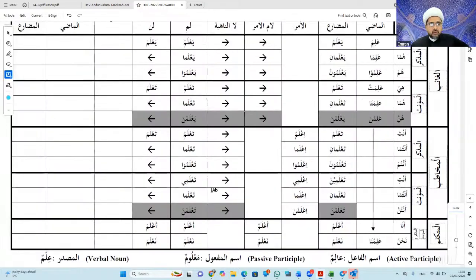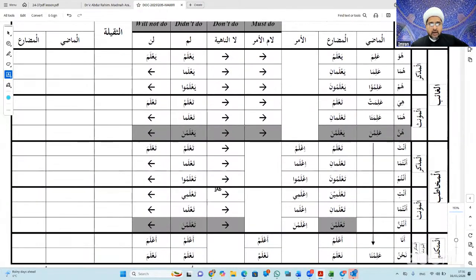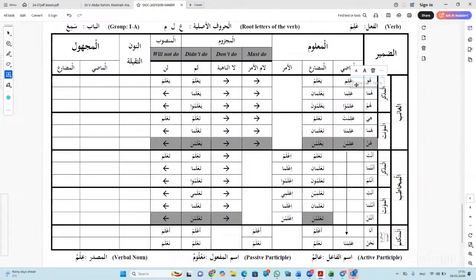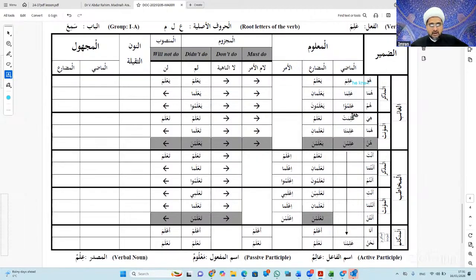Okay, now we are going to move on to this verb. As you know, alima means what? He knew. Alima, he knew, okay? Now, when we say lam, how would that change the meaning? Lam ya'lam.